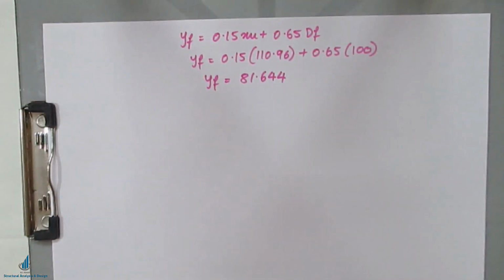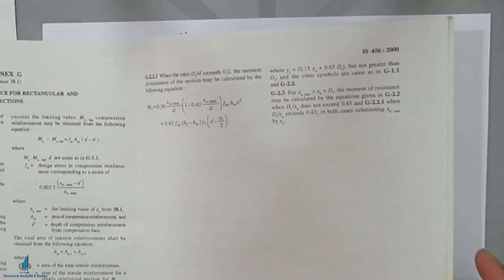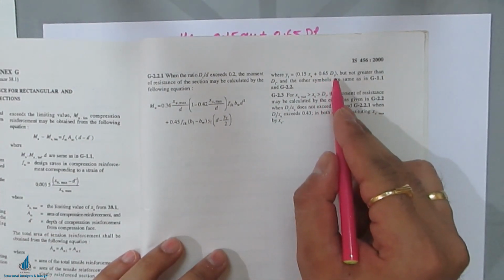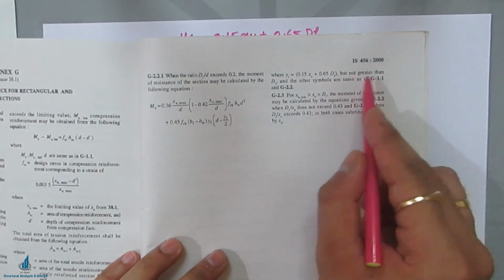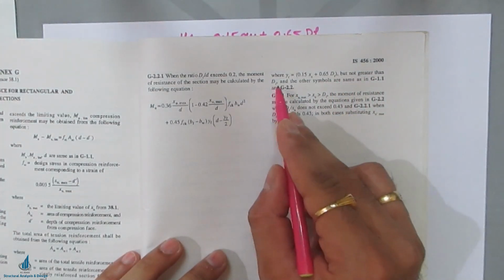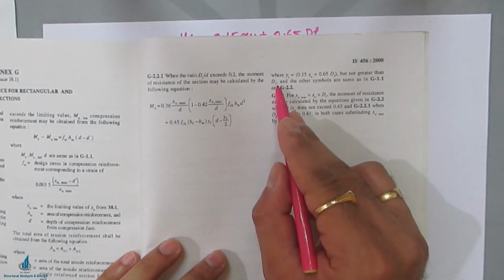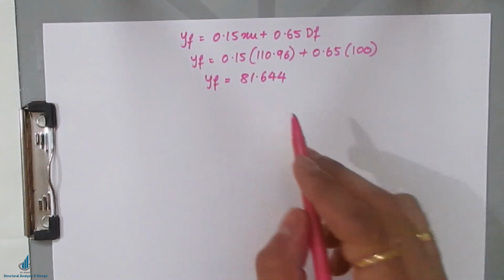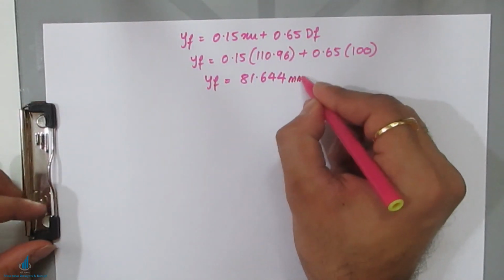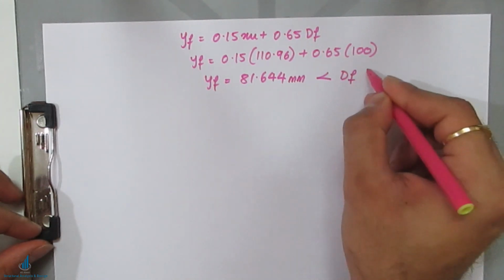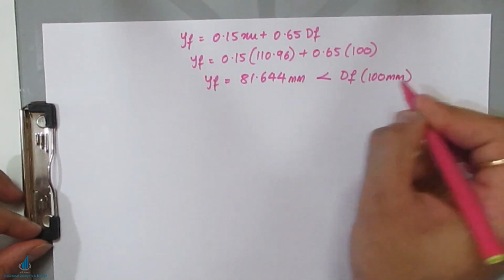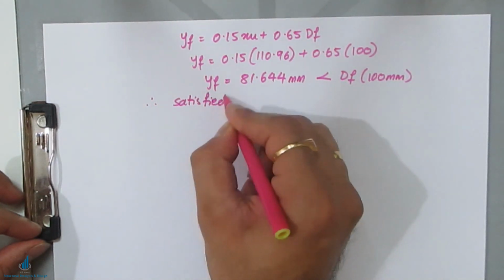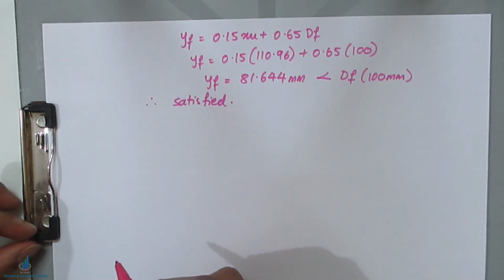If you look carefully at page number 97, besides this yf formula, it is mentioned clearly that yf should not be greater than Df, the depth of flange. So the yf value is 81.644 mm, which is less than Df, which was 100 mm. So this criterion is satisfied.